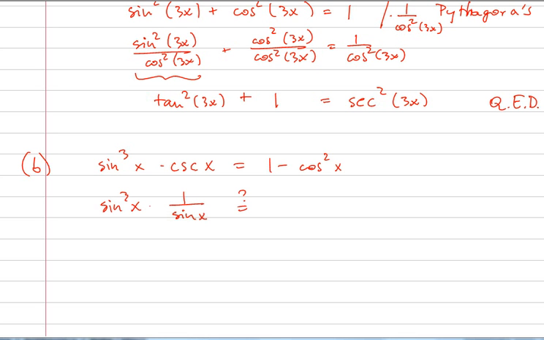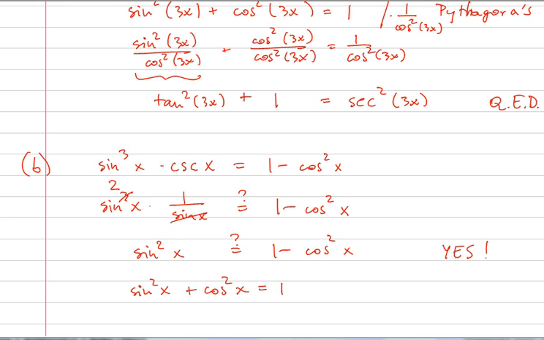Is that equal to 1 minus cos squared x? Well, sine and the cube go away and I have only sine squared x. Is that equal to 1 minus cos squared x? And the answer is yes, because this becomes just sine squared x plus cos squared x equals 1.